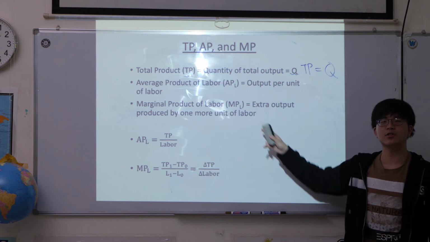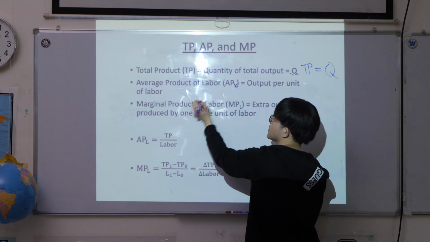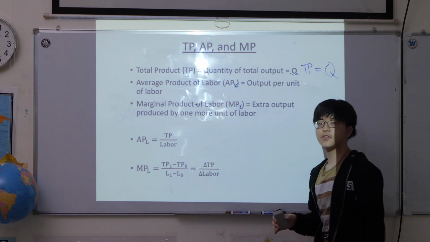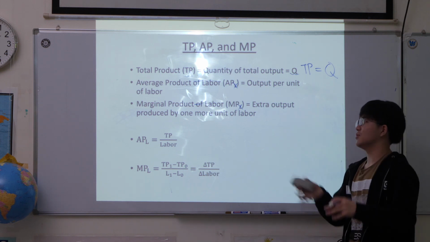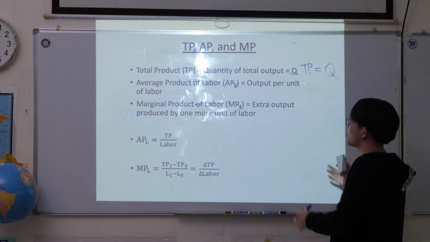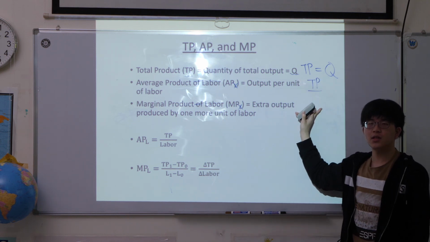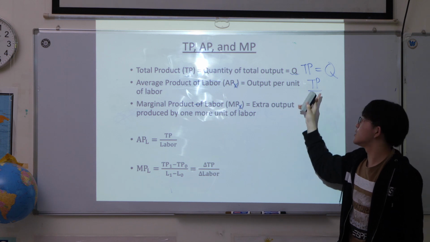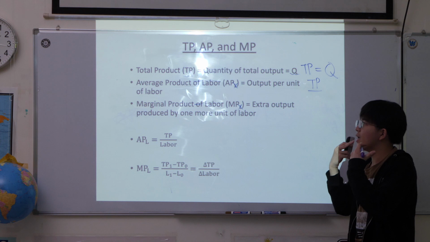How about average product of labor? I mentioned labor, but you can skip this if it makes you confused. Average product is just the average of the total product. We have the total product, and we want to find the average of this. Then we should divide TP by the input we have.